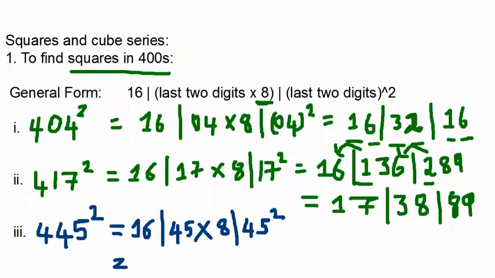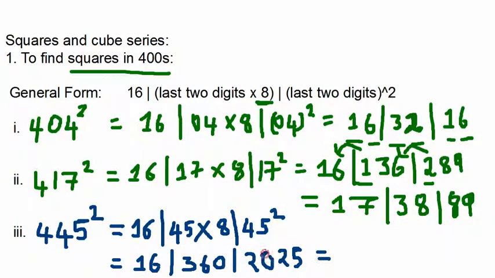So it will be 16, 45 into 8 is 360, and 45 square is nothing but 2025. So move the 20 towards your left hand side and 3 towards the 16. We get the answer as 19, 60 plus 20 is 80 and 25.